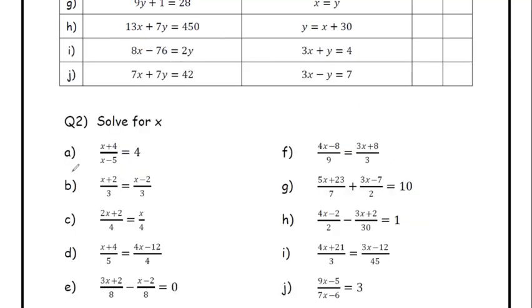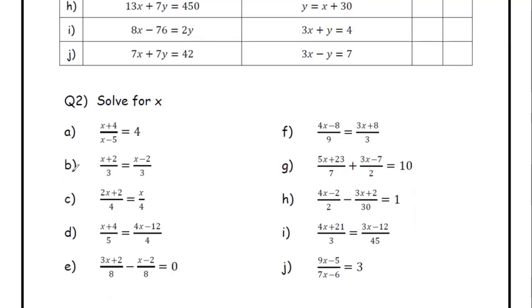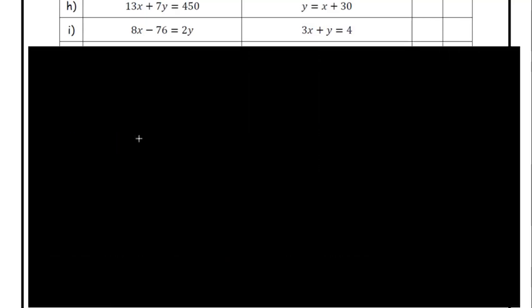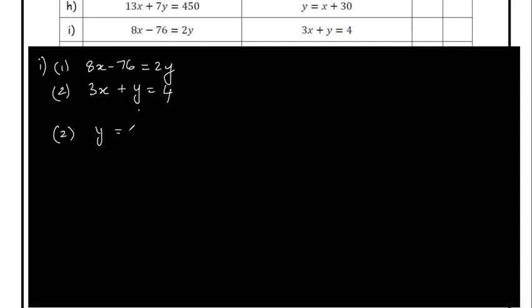I and j. I'll use substitution again. I'm going to substitute the value of y in the first equation. So from the second equation, I'll make y the subject of the equation.